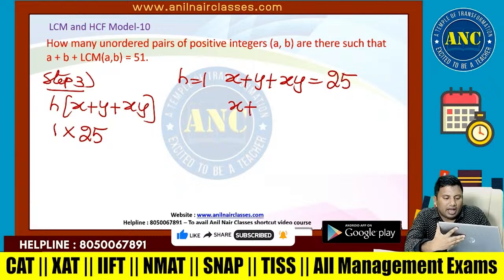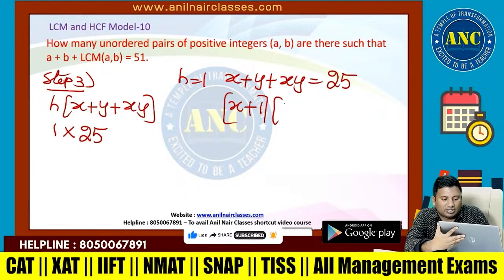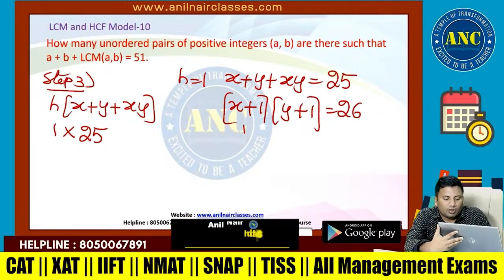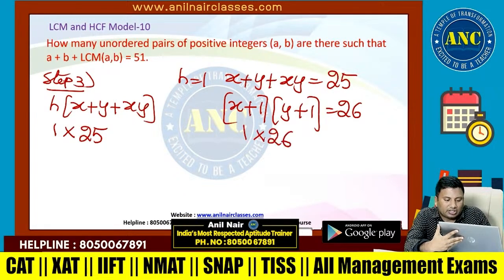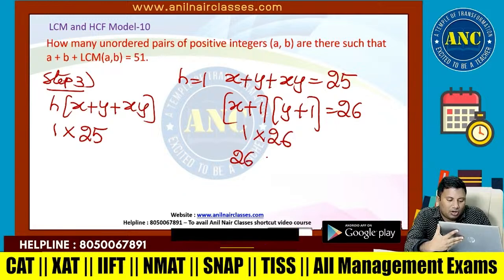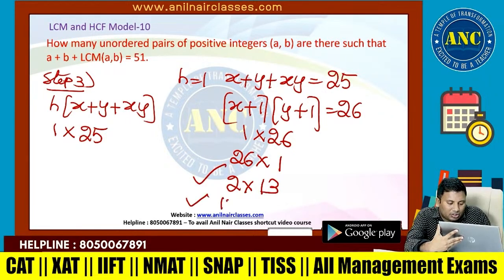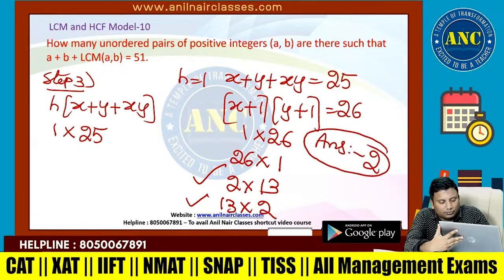Adding 1 on both the sides, X plus 1 into Y plus 1 is 26. 1 into 26, X will be 0. 26 into 1, Y will be 0. 2 into 13, possible. 13 into 2, possible. Answer, I got 2 cases, which is this case and this case.